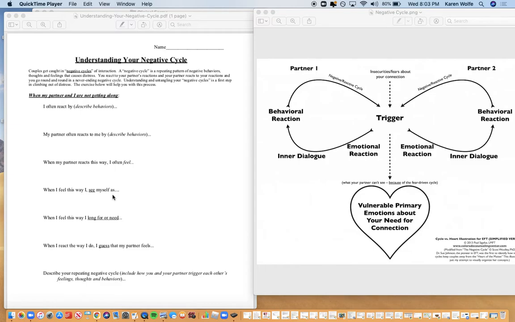And then how you're perceiving the relationship. I see us as being hopeless, that we're not going to be able to get through this. So when you have this emotional reaction, what's the inner dialogue that you're telling yourself about yourself, your partner, and your relationship? Using this language, I see myself as, or I say to myself, can be really, really helpful.